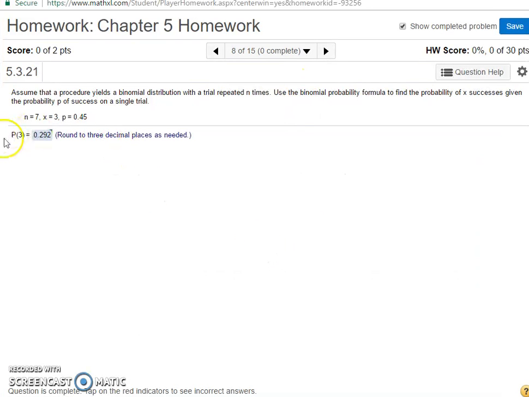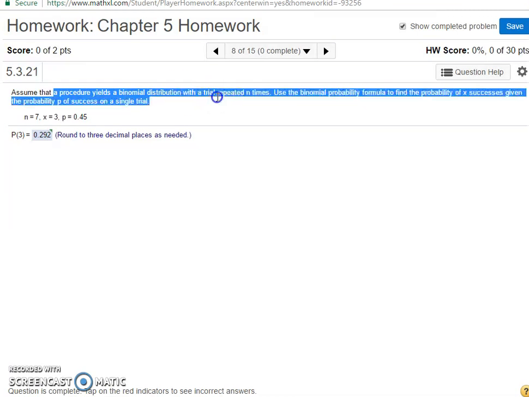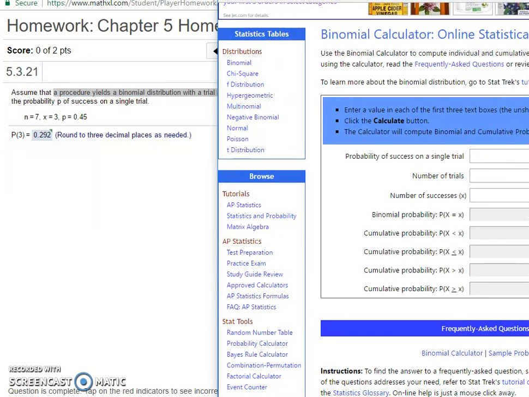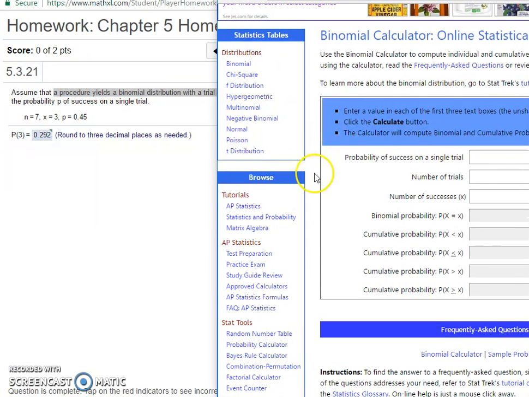So the next question doesn't give you a table. Assume the procedure yields a binomial distribution with trial repeated n times. Use the binomial probability formula to find the probability of x successes given the probability p of success on a single trial. So what I'm going to do is show you a calculator. I'll also embed this into this announcement. Probability of success, that's going to be my p. I'm going to put 0.45.